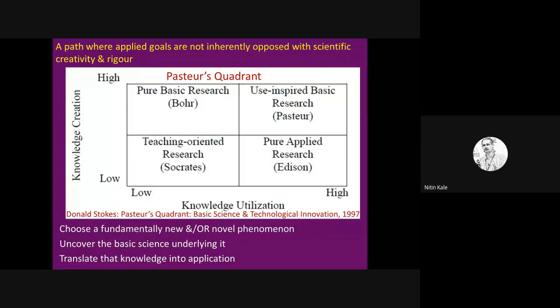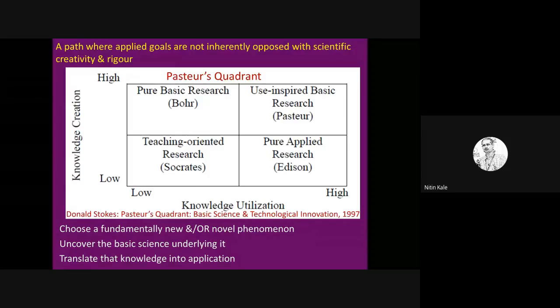The idea here is that when you do a certain product development, you need to do hundreds of thousands of tests, and they can still be interesting. That's the idea. What Pasteur's quadrant does is it maps knowledge creation with knowledge utilization. There are four rectangles in the quadrant.